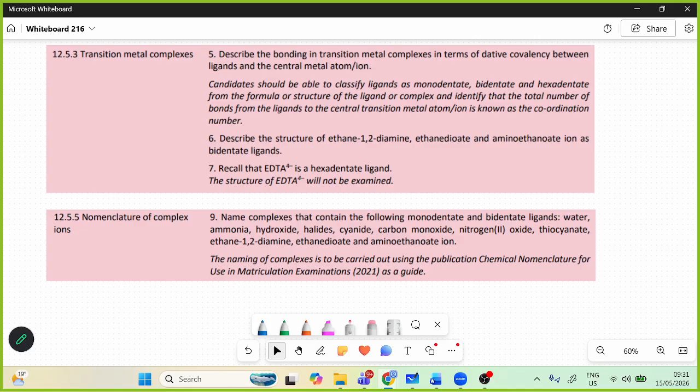To be honest, I do not think for a second that they've ever asked about carbon monoxide and nitrogen oxide. Nitrogen oxide is nitrosyl in the complex ion. Okay?